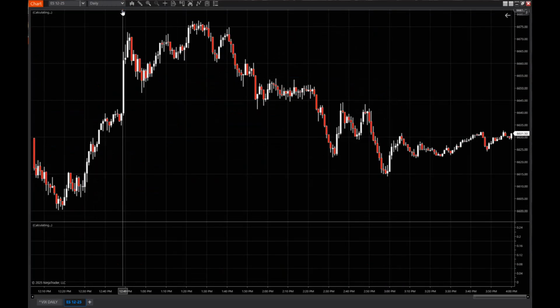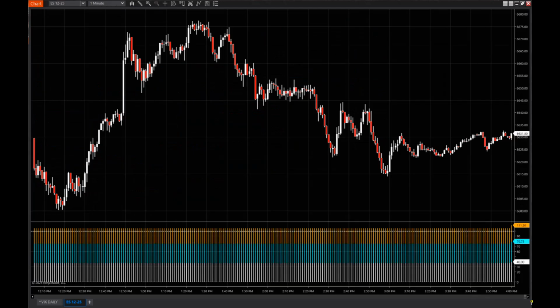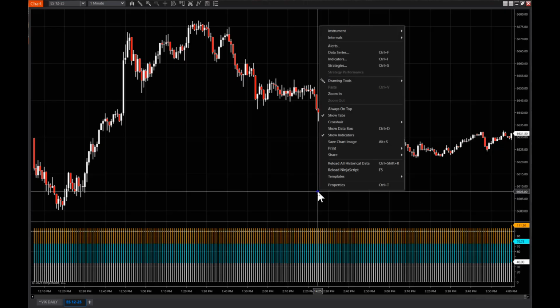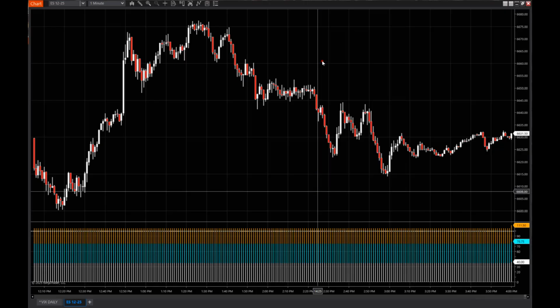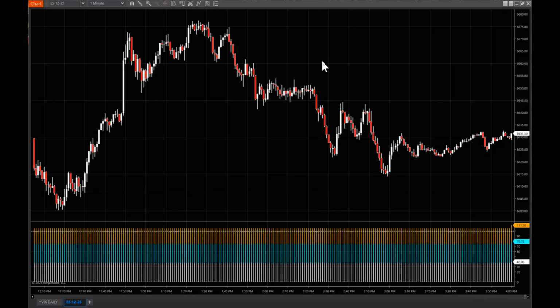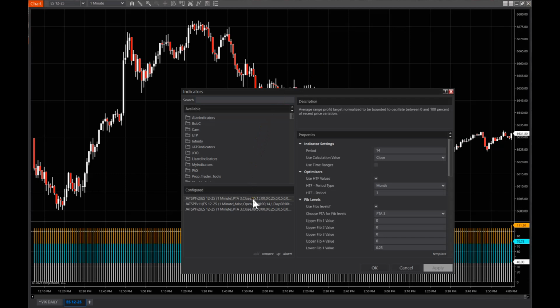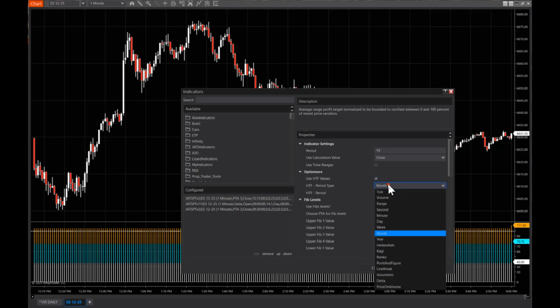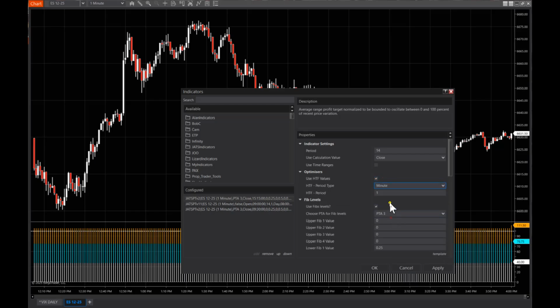Well, let's put a 1 minute chart down and let's make a few modifications to the indicator that we're looking at. So the first one that I want to do, instead of a monthly one, let's do a 60 minute.